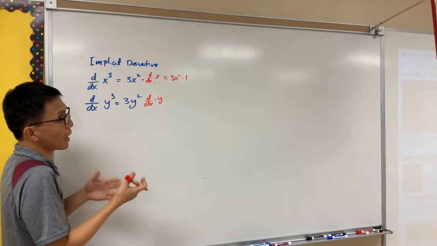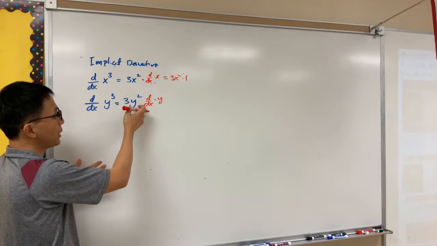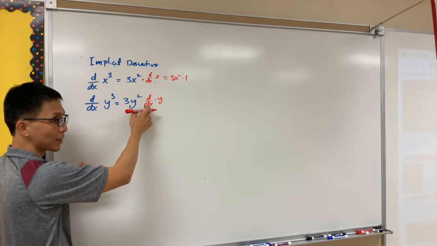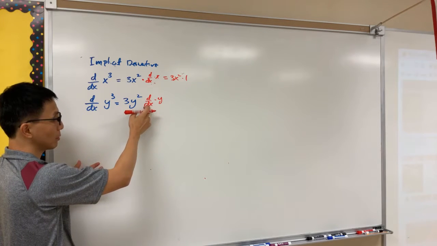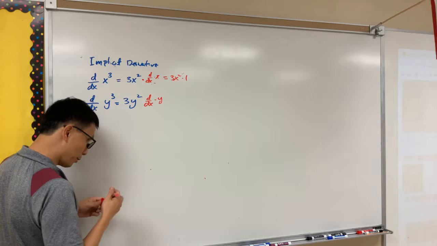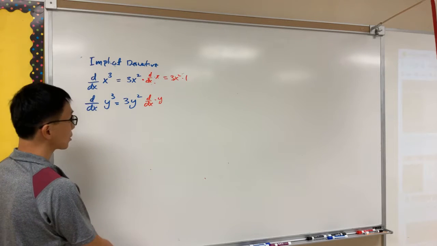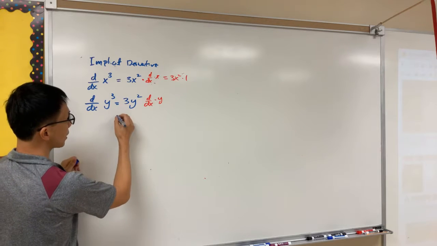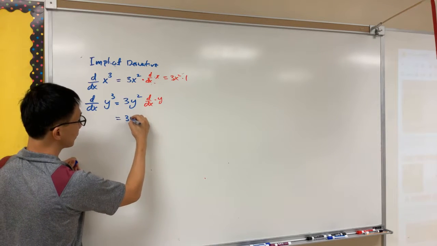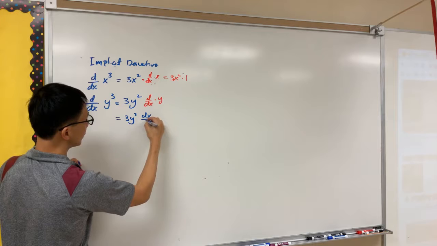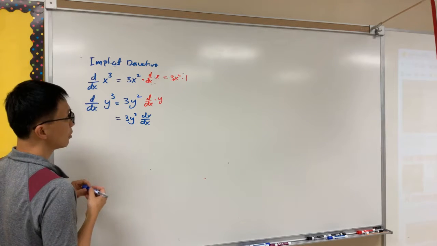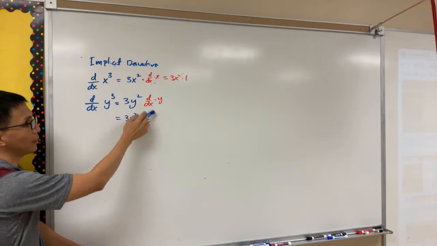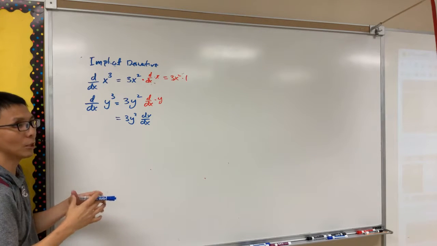If I take a derivative of x, it's going to be 1. But here it's not dx over dx. It's what? dy over dx, the change in y over the change in x. So in this case, I'm going to get 3y squared dy/dx. So unlike before, anytime you take a derivative of y, you're going to have a dy/dx as a byproduct, due to the chain rule.